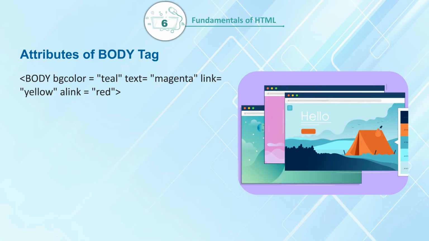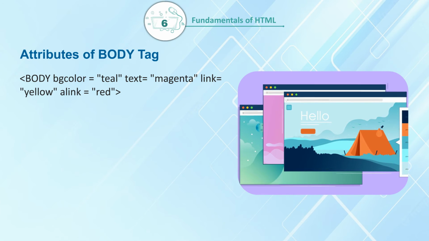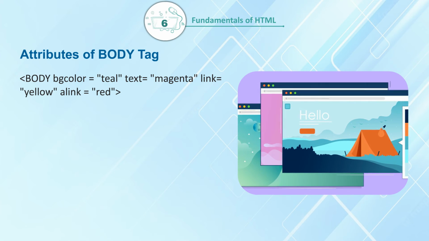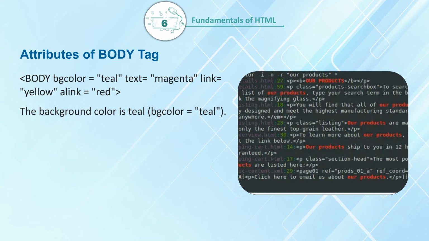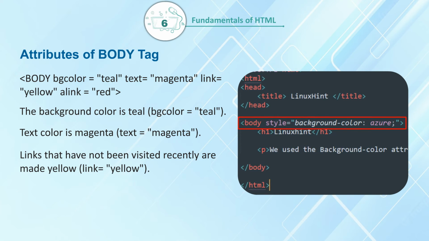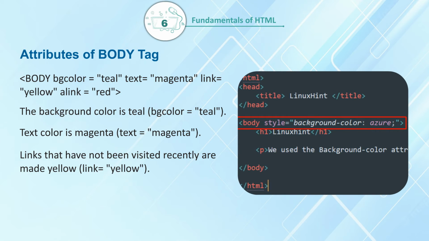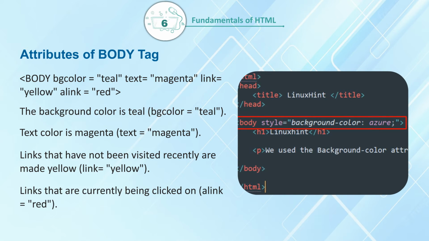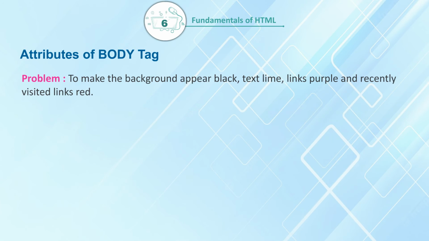Body bgcolor equal to teal, text equal to magenta, link equal to yellow, alink equal to red. The background color is teal, bgcolor equal to teal. Text color is magenta, text equal to magenta. Links that have not been visited recently are made yellow, link equal to yellow. Links that are currently being clicked on, alink equal to red.